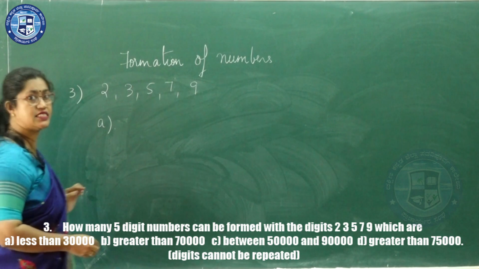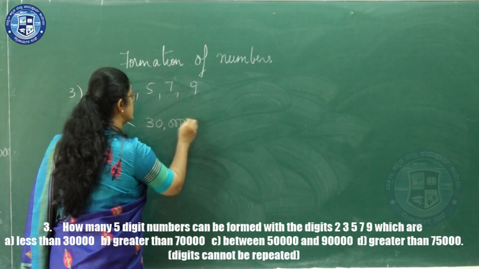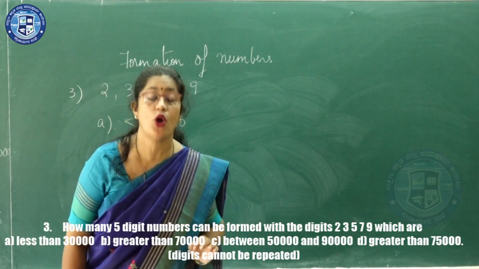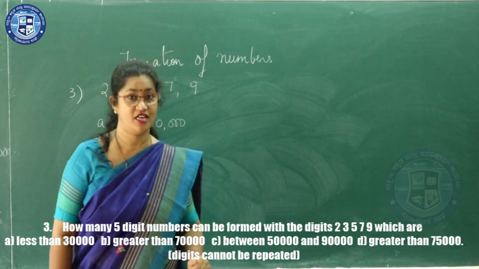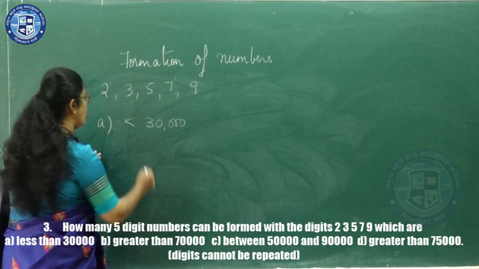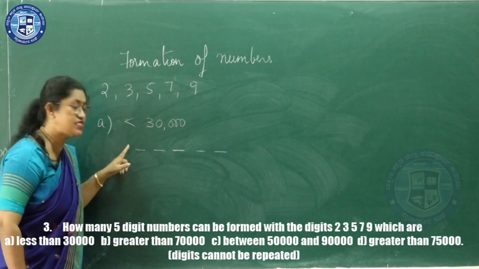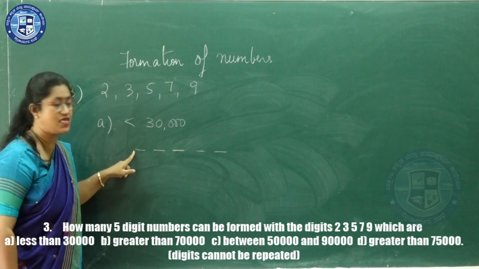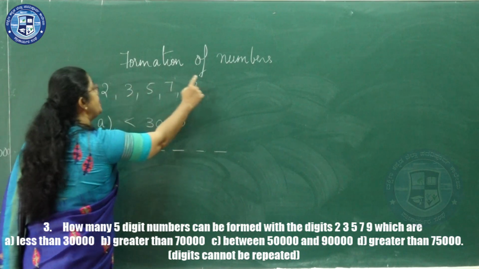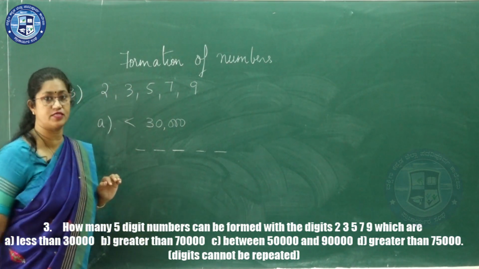Question A says it should be less than 30,000. If a number should be less than 30,000, where is the restriction? We obviously know there is a restriction, but where is it? The restriction is here in the first place. If it has to be less than 30,000, which numbers can I place in the first one?